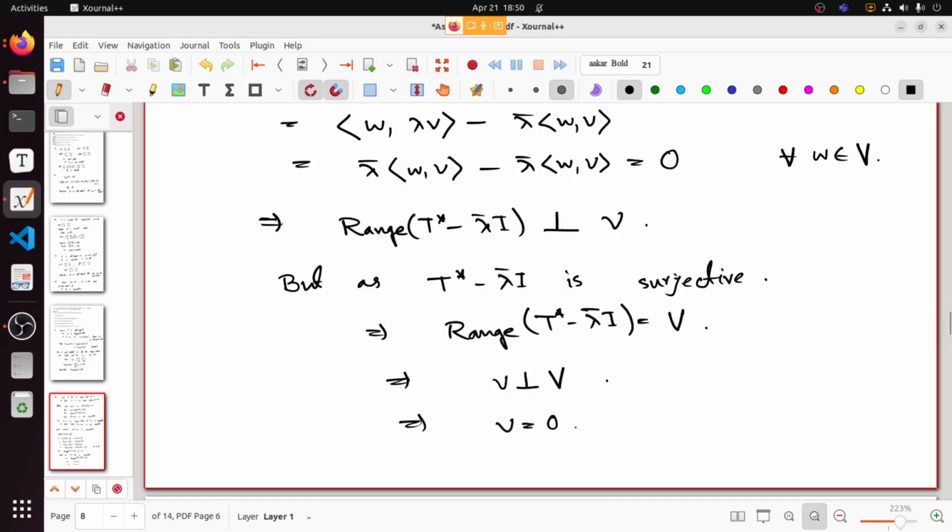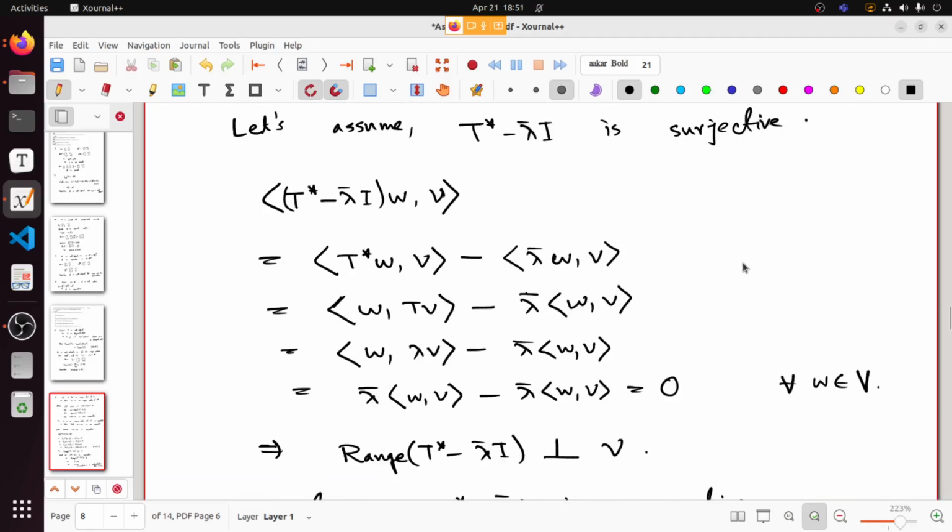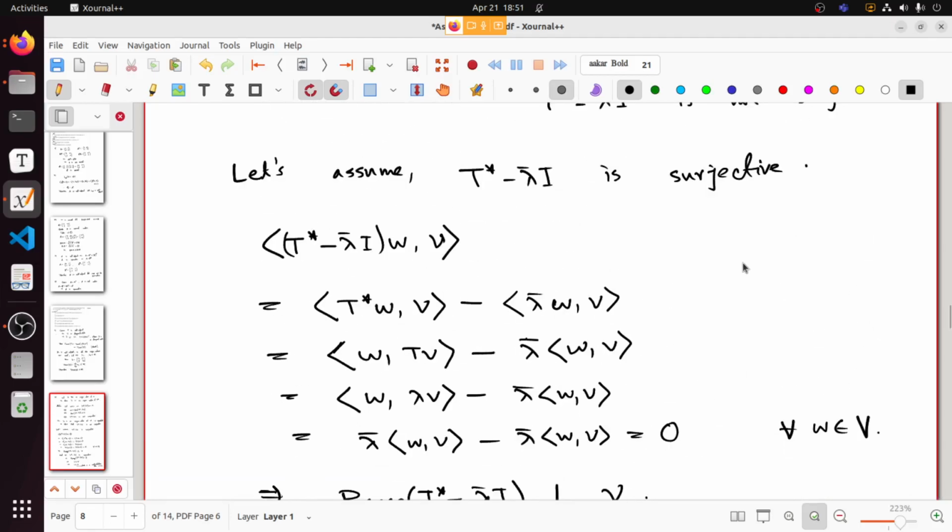But this is a contradiction because V is a non-zero vector. Why do we get the contradiction? Because we have assumed T star minus lambda bar I is surjective.